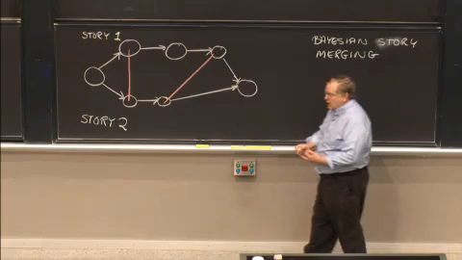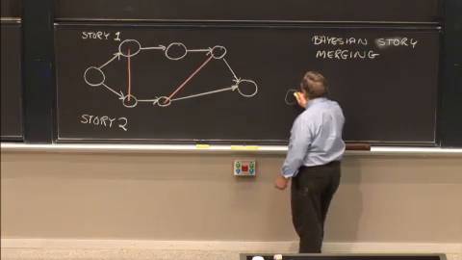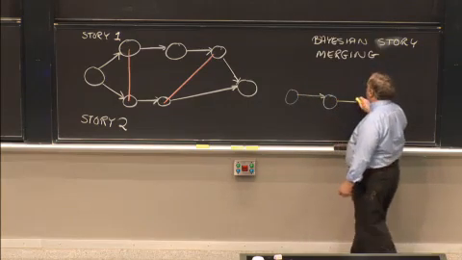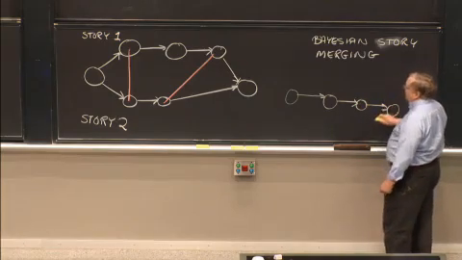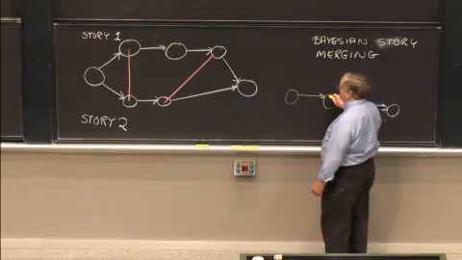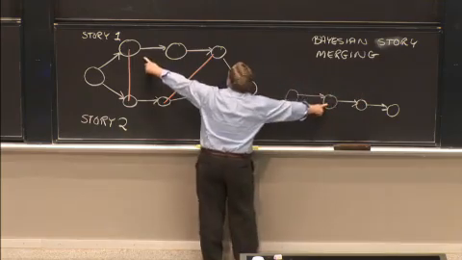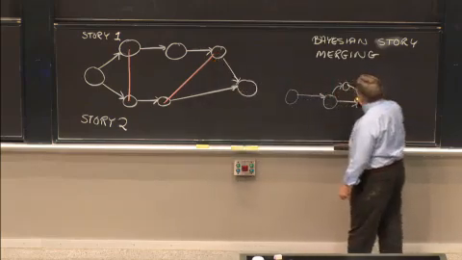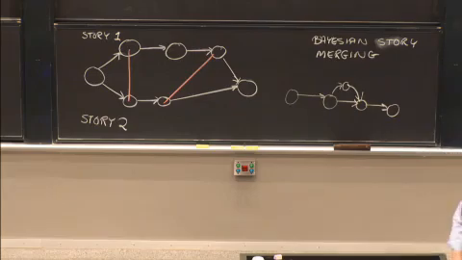So you might use that as a basis for speculating that maybe a more compact way of representing the stuff in the story would look like this, where this one goes with this one goes with this one, and there's a possibility of another state in between. So that's the notion of Bayesian story merging.